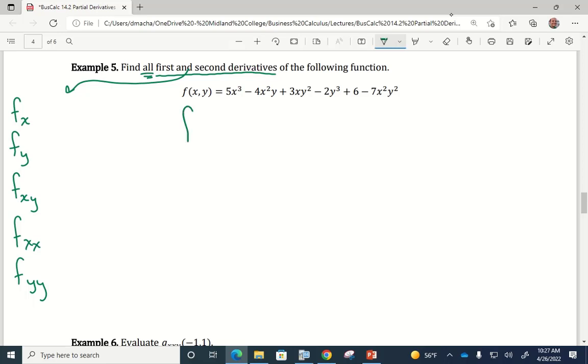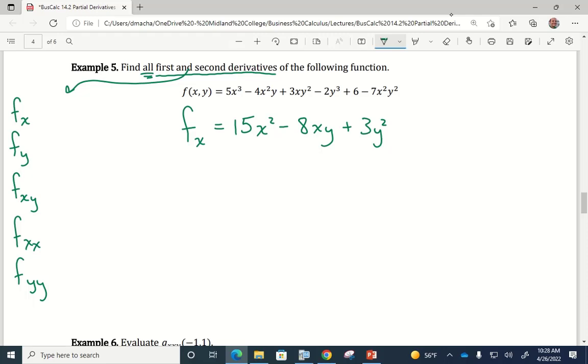So fx, if I just look at the derivative with respect to x of that function, well, this would be 15x squared. This would be minus 8xy, again, pretending that the y is a constant here, since I'm taking a derivative with respect to x, and then plus 3y squared, because I'm again pretending that y is a constant, derivative of x is just 1.